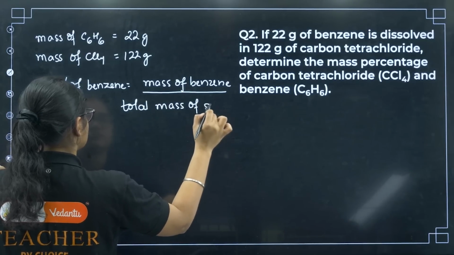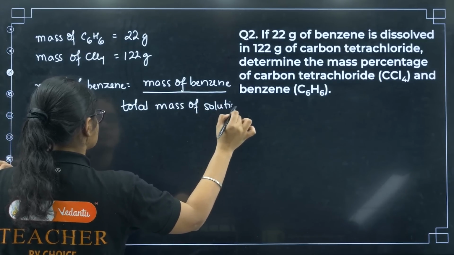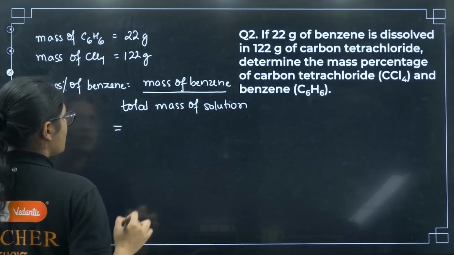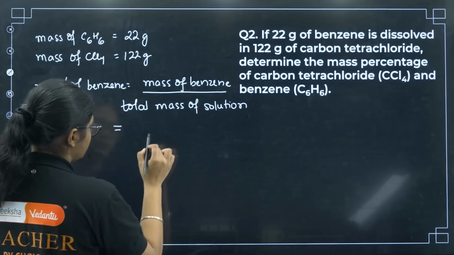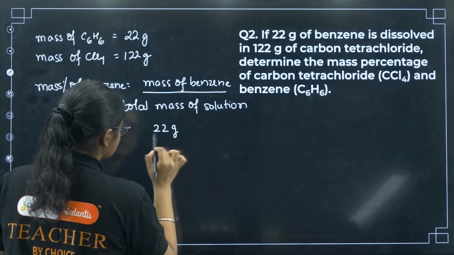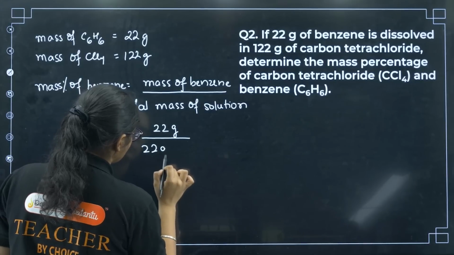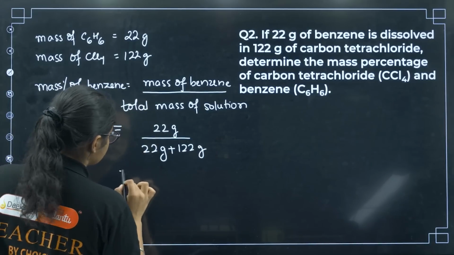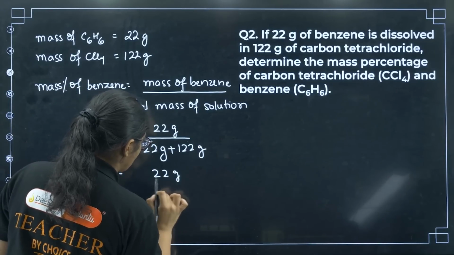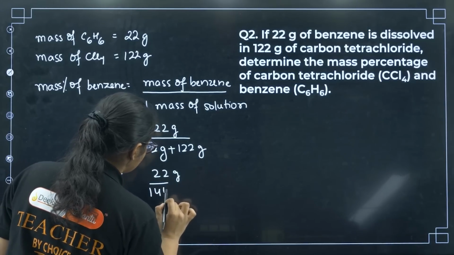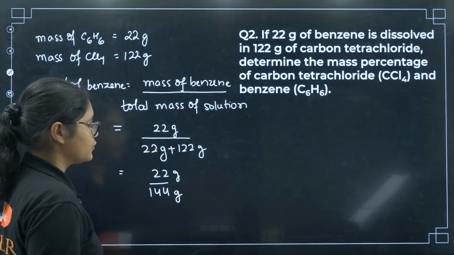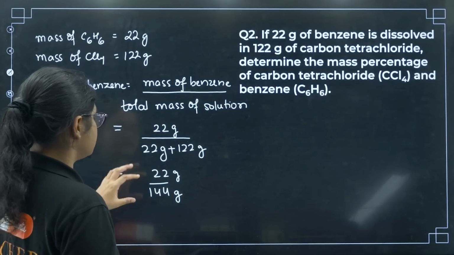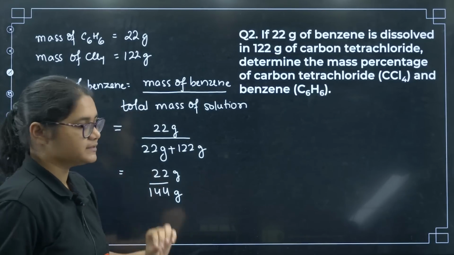Now the mass percentage of benzene is 22 grams divided by 22 grams plus 122 grams. So that is equal to 22 gram by 144 grams. Now if I solve this, I will get the mass percentage of benzene.